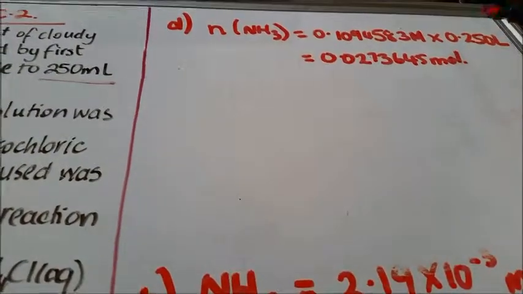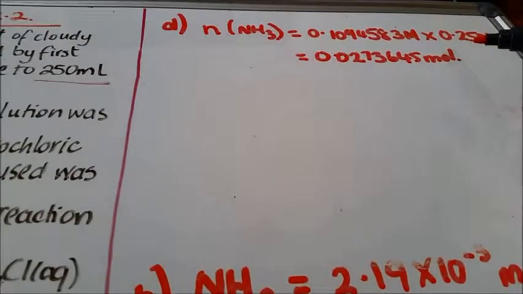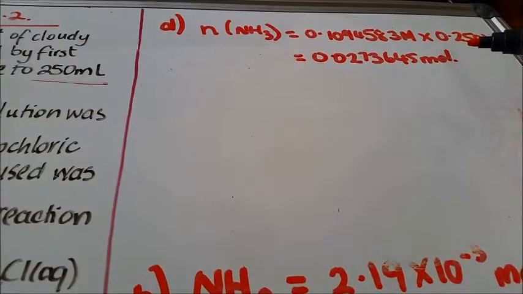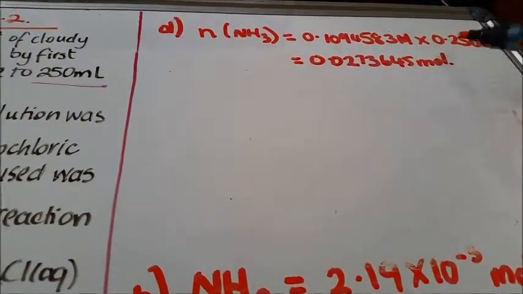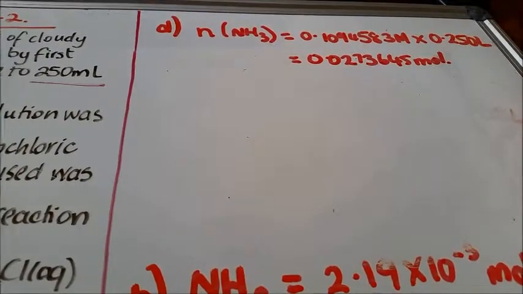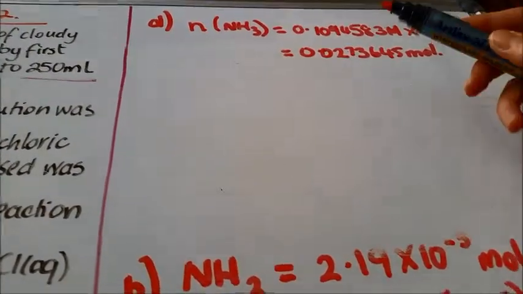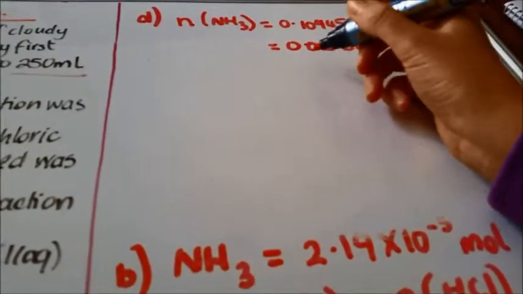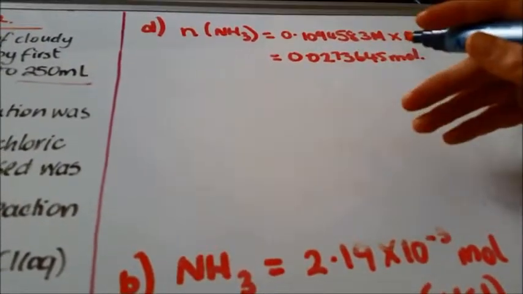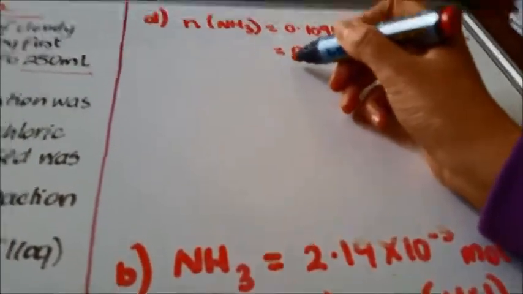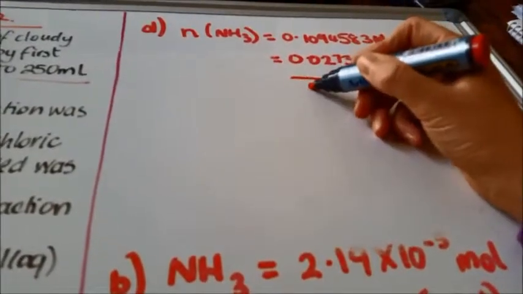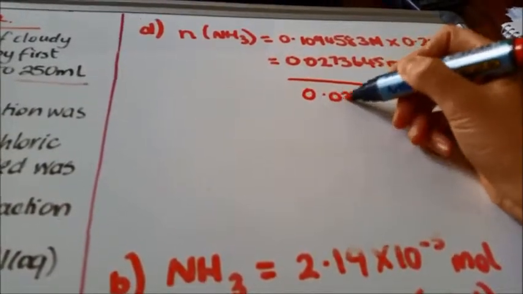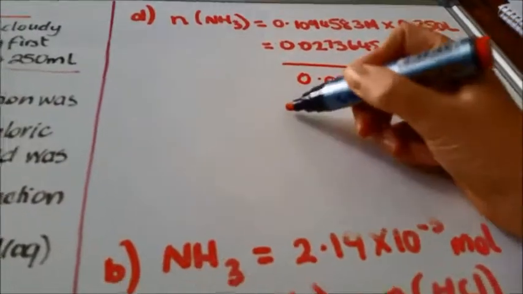Now, as this equals the amount of NH3 in the 250 ml of the original concentration, we now need to divide this number here by our 25 ml. I'm not going to write it out again just because I'm lazy. So we're just going to divide by 0.025 litres.